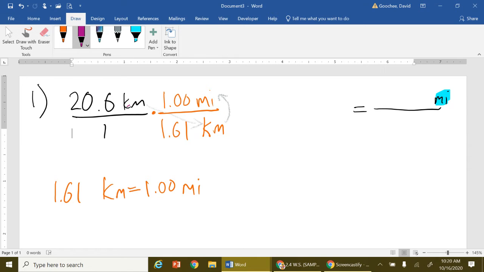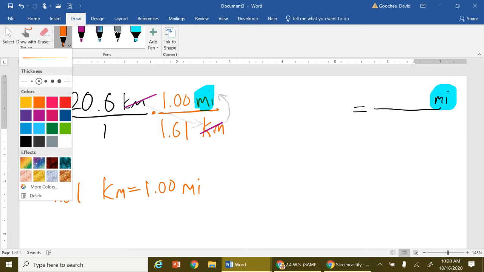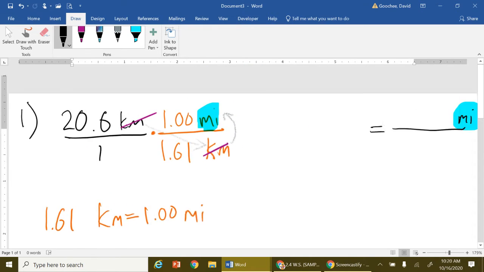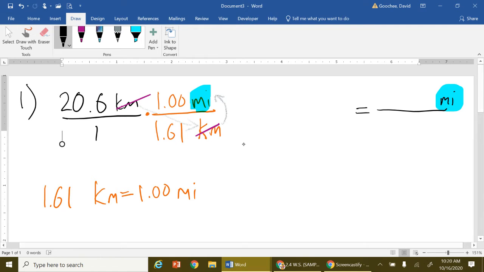We've canceled kilometers, and now the unit that is left is miles, which is what we wanted. So we have finished the conversion part of dimensional analysis. Now we just do the calculations.